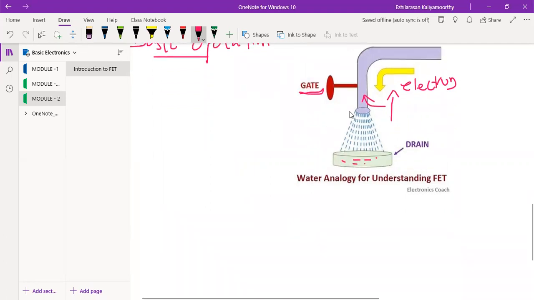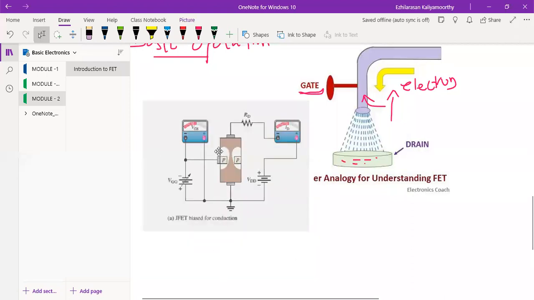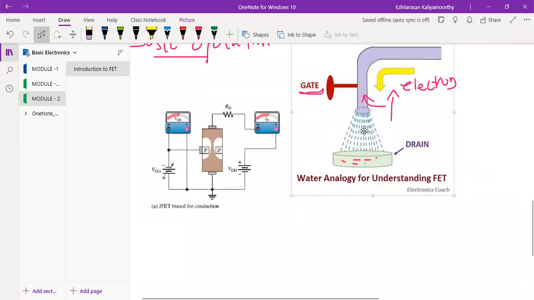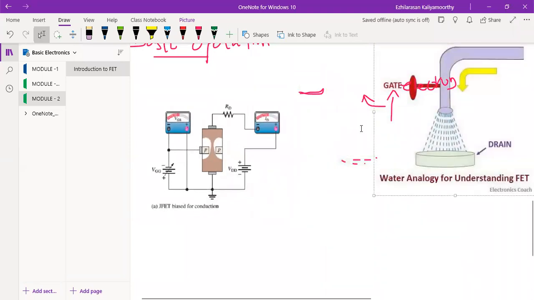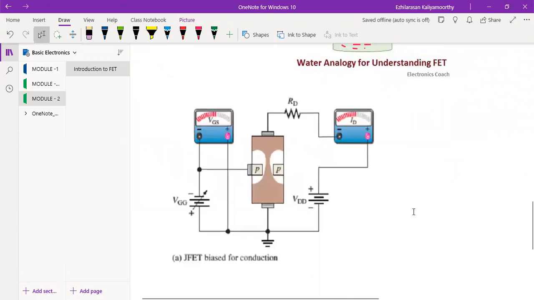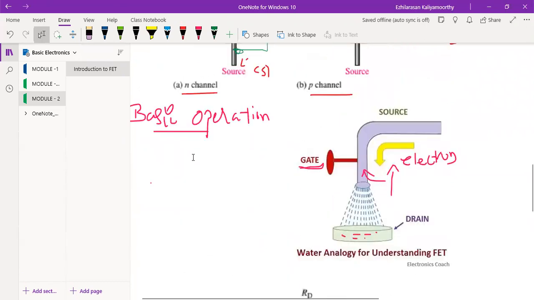Basic operation. I will take the diagram now. Okay, you see now, this is the basic operation.